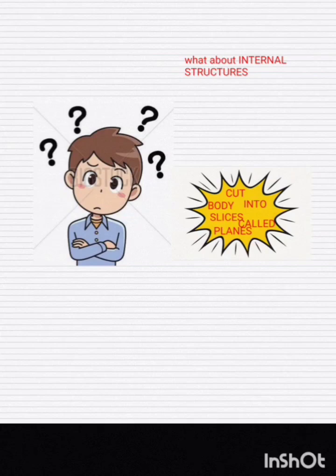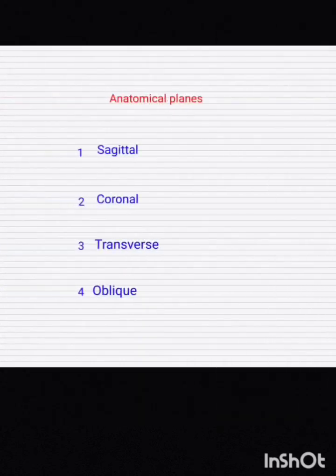So these anatomical planes help in understanding internal anatomy and in describing the location of organs. There are three major planes, that is sagittal, coronal or frontal, and transverse plane, and one additional plane, that is the oblique plane.